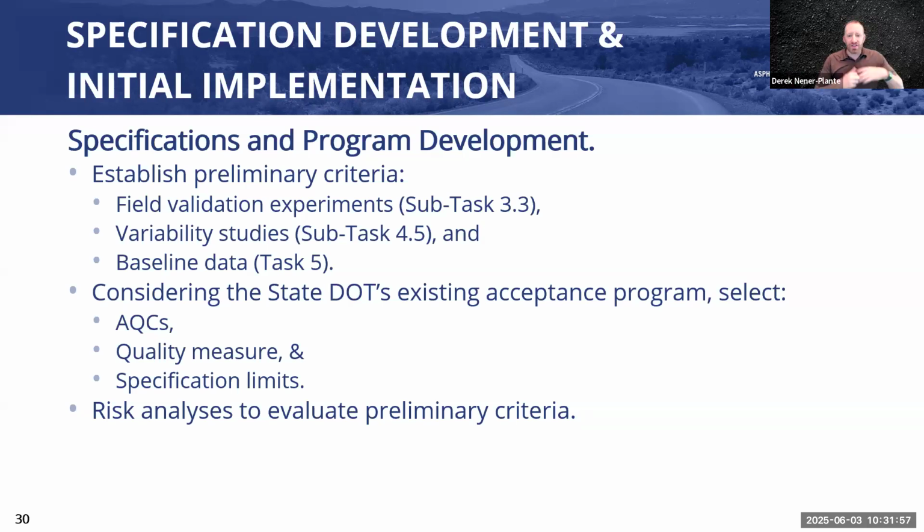And so considering a given agency, a state DOT, you have an existing acceptance program. And Tim talked about and highlighted some of the ways that that differs across the country, right? Some use just the agency testing for acceptance. Others use contractor data in the acceptance decision. That's a big difference to consider. Is that going to be incorporated into your balanced mix design implementation or not?